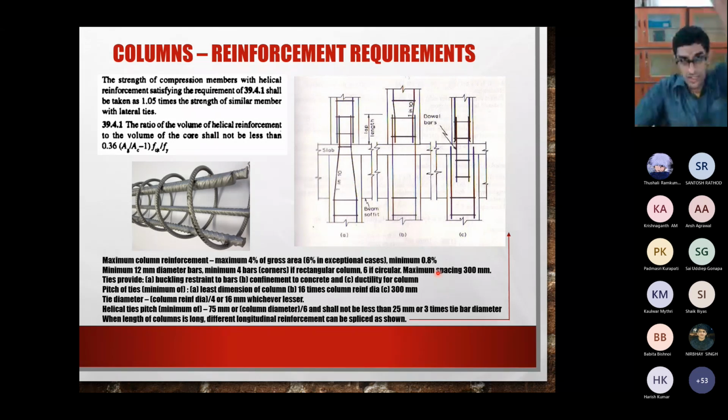If you have a very large rectangle, say the side is 500 mm or 600 mm, when you give reinforcement at the corners, the spacing will be more than 300 mm. In such a case, you should give another reinforcement in the middle so that the spacing does not exceed 300 mm.